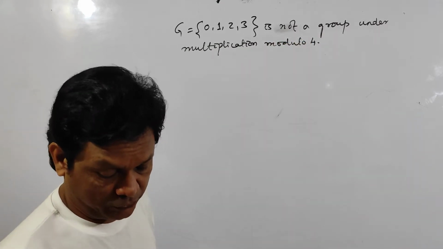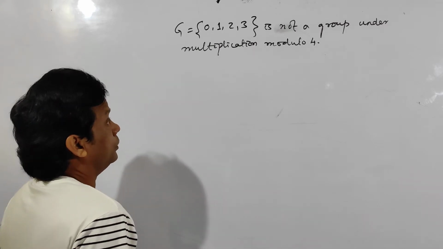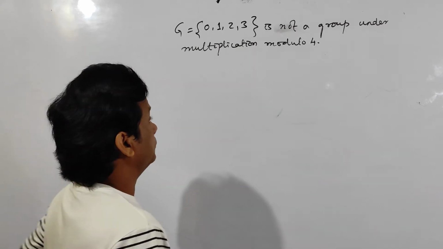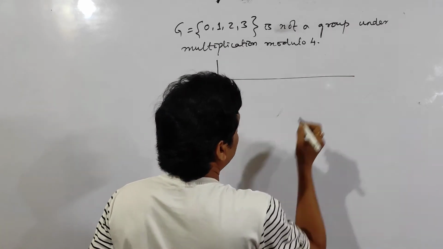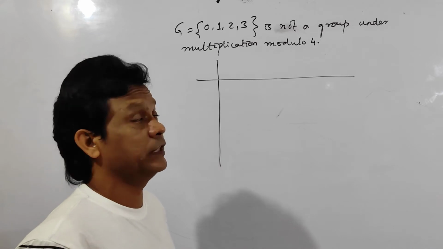Under multiplication modulo 4. So we have to draw the group table. So let us see. On the basis of Latin square, we can say whether it is a group or not.